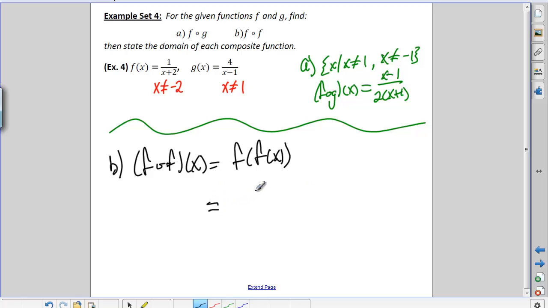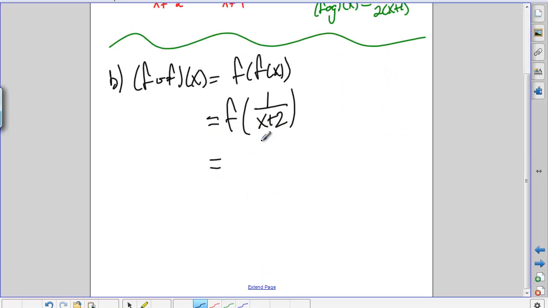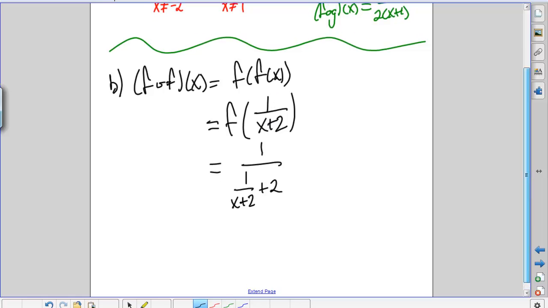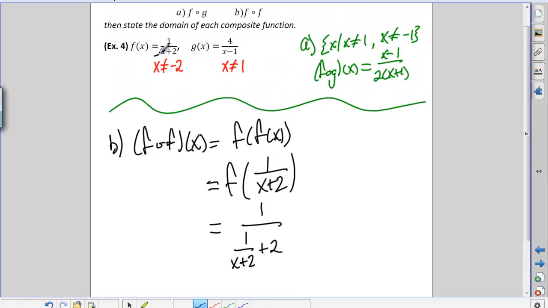So that's going to be f of 1 over x plus 2, which is 1 over x plus 2 plus 2. So when we plug this fraction into this x right here, that's what we get. Okay, here's that. What was an x is now 1 over x plus 2.